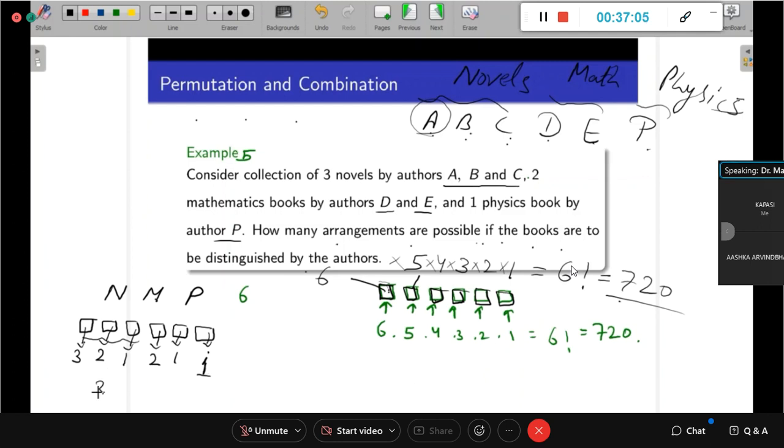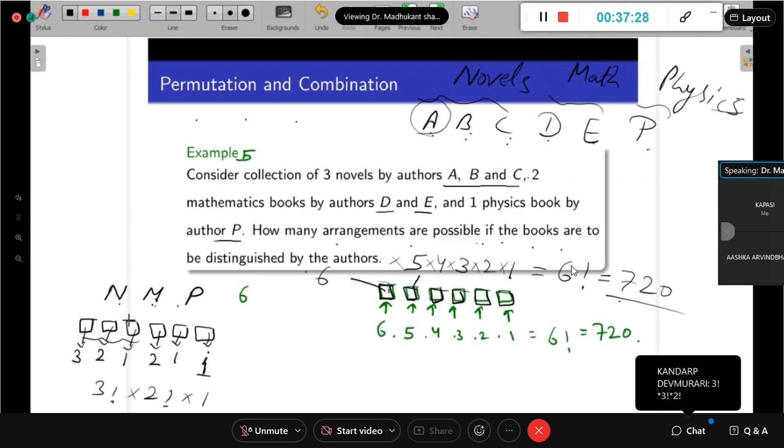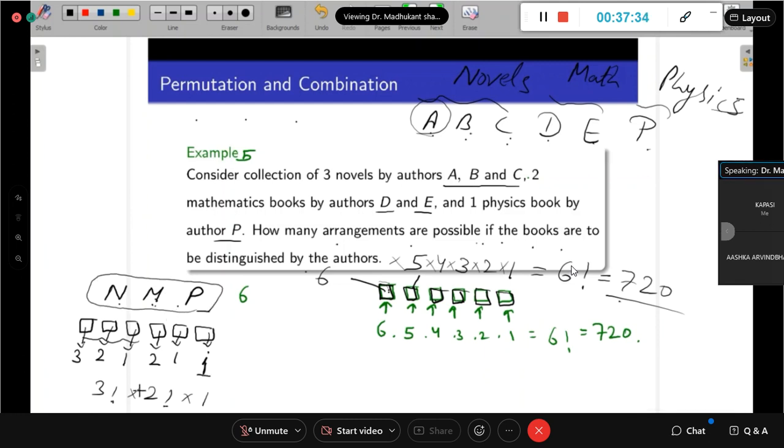So you have 3 factorial into 2 factorial into 1. So this is a particular case when you have novel first, mathematics second, and then physics third. So how many total possible of this? It is going to be again 3 factorial ways, so this should be multiplied by 3 factorial.